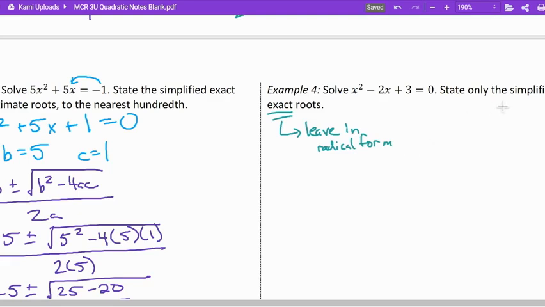That's not an exact answer. I like that this question is already in standard form. I can immediately take the A, B, and C. So what's my A? B is -2 and C is 3. Great.